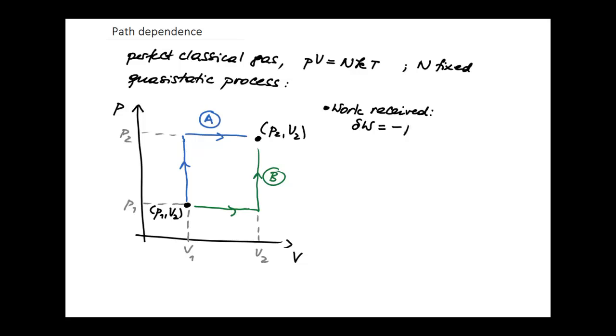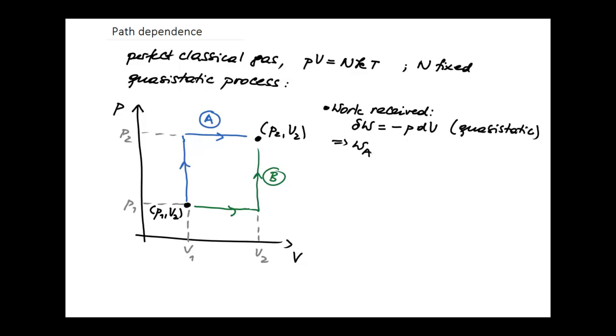That's minus P dV, because we are assuming that this is quasi-static. When we want to know the total work received by the system, performed by us and received by the system, then we have to integrate this infinitesimal work over the entire path.